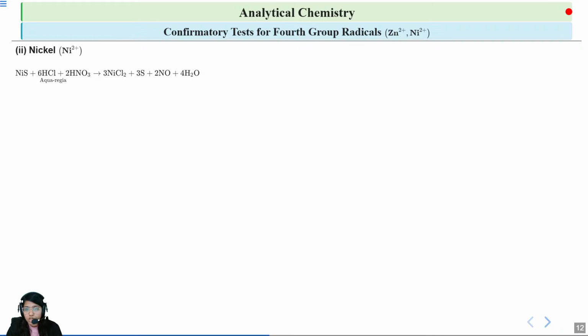So this reaction demonstrates redox chemistry, where NiS, nickel sulfide, is oxidized and nitrate is reduced. What is redox? A redox reaction involves simultaneous oxidation and reduction. So this is an example. Here NiS is oxidized and nitrate is reduced. This reaction has practical applications in metal extraction and purification processes also.